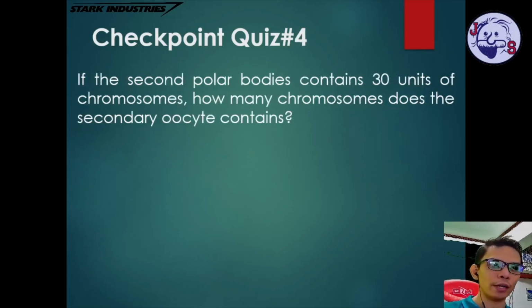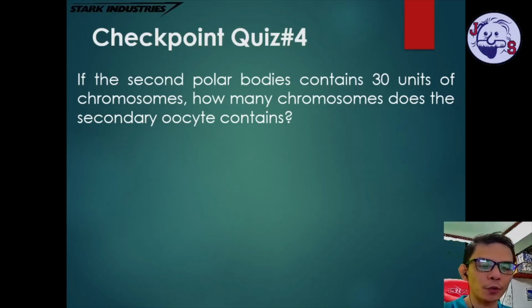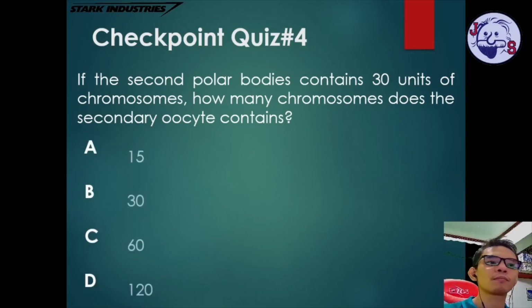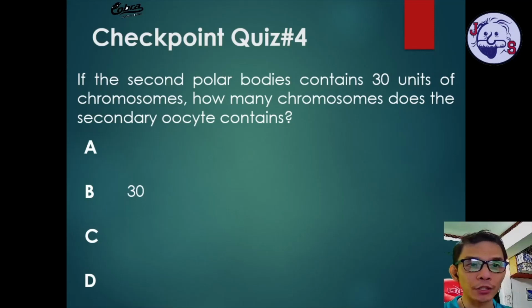Next question. If the second polar body contains 30 units of chromosome, how many chromosomes does the secondary oocyte contain? If you take a look at the oogenesis that we had earlier, what will be the answer? The answer is still 30. Why?